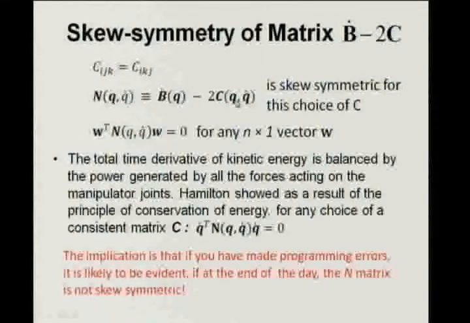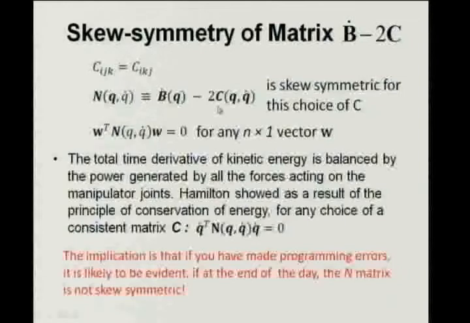What does Q symmetry mean? Transpose is the negative of that. So the implication is that if you have made programming errors or errors in indices, you can just check at the end: is B dot Q minus 2C actually skew symmetric?